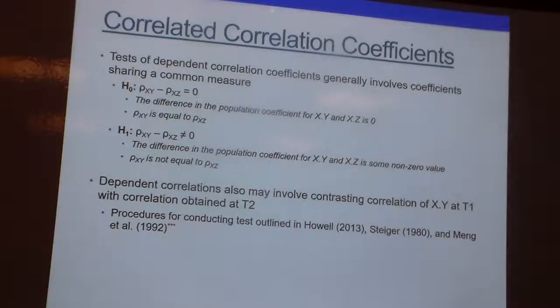So if I'm looking at the correlation of PTSD and anxious arousal, and I'm saying that that should be greater than the correlation between PTSD and positive affect, because theoretically this PTSD construct should be more strongly related to core features of anxiety than it is to core features of depression.